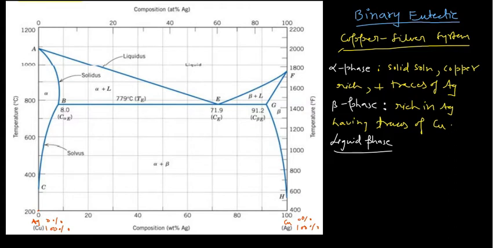Okay, now I am going to discuss what is there in that case. If you focus here, what is this point? Point A. This point A is the melting point of copper.